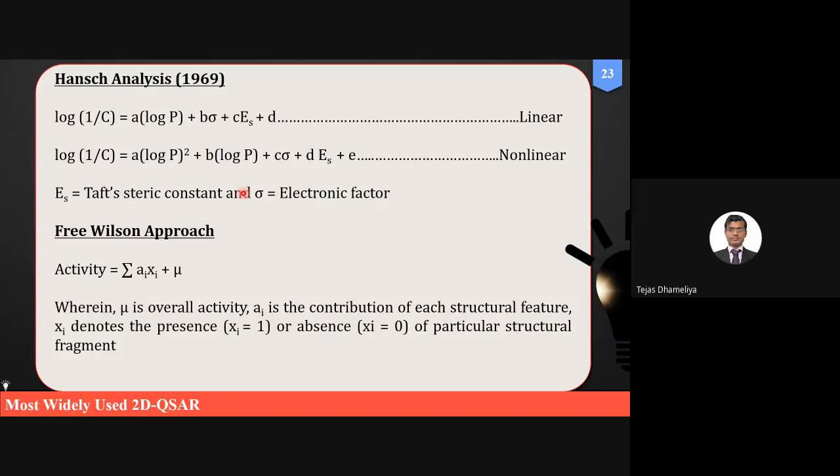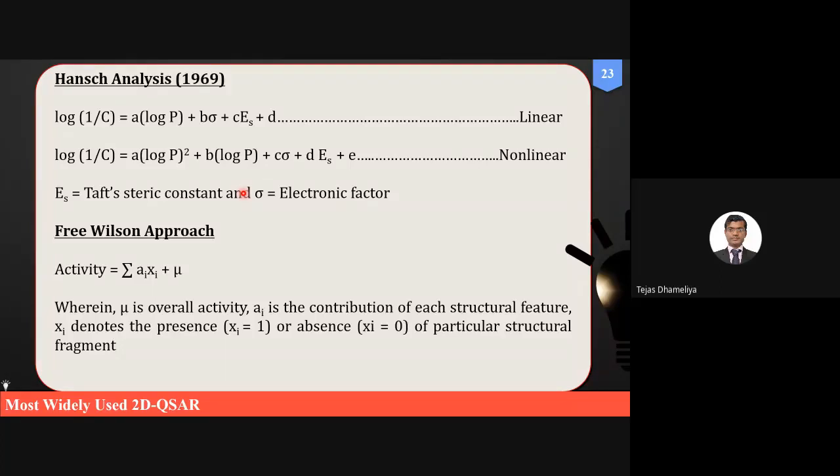And there are two other scientists, the first person is Free and the other is Wilson. When we write the Free-Wilson approach, we write it as if it were one person, but in fact it is not only one person, they are two persons.